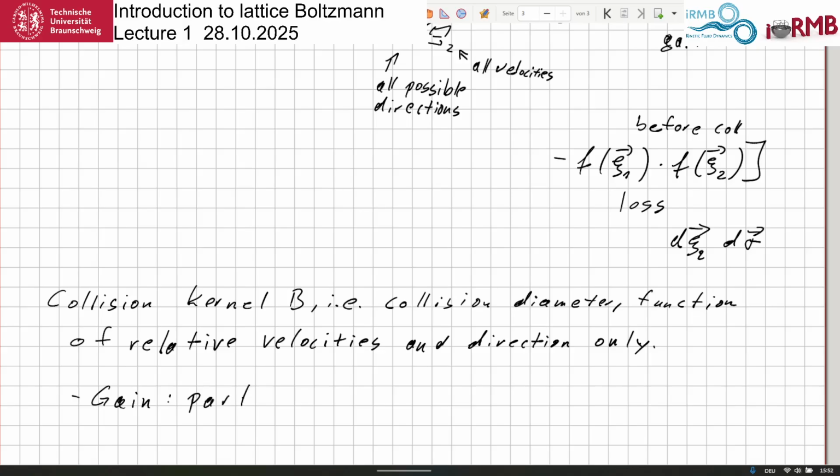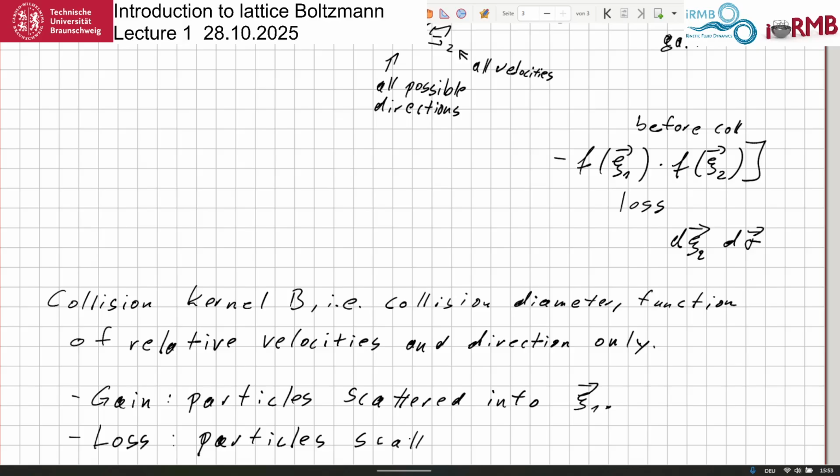Gain is particles scattered into the state C1, so the velocity again is the state, and the loss are the particles scattered out of C1.